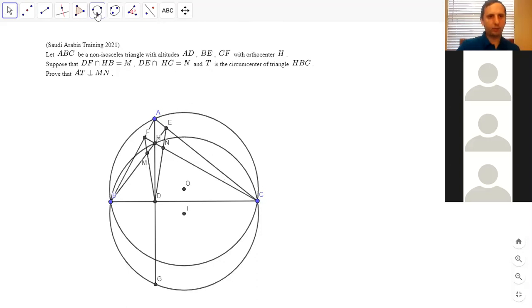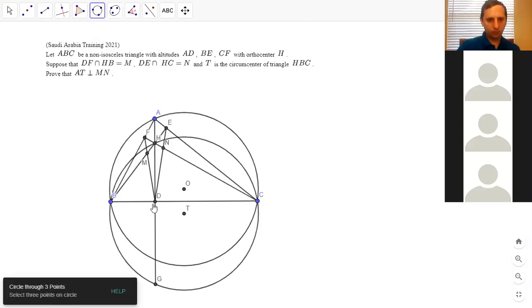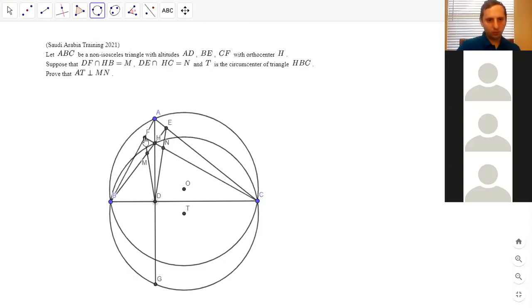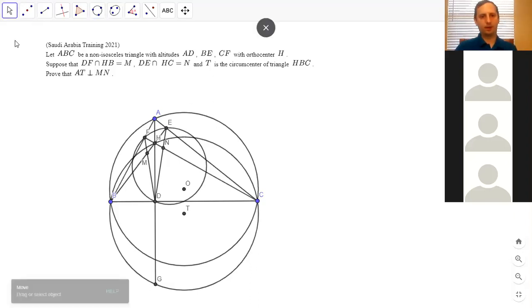So if we draw the 9-point circle, okay, so you're saying M and N lie on the radical axis of that. So because FM times MB is HM times MB.